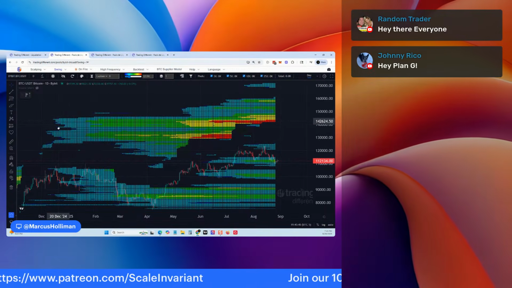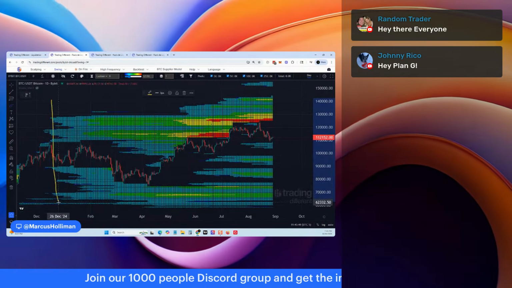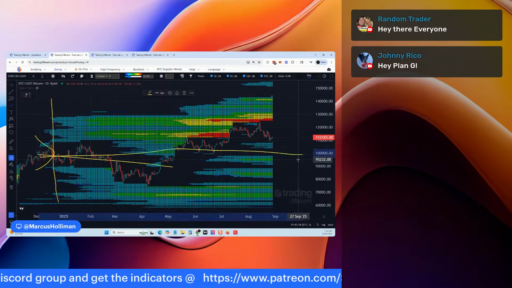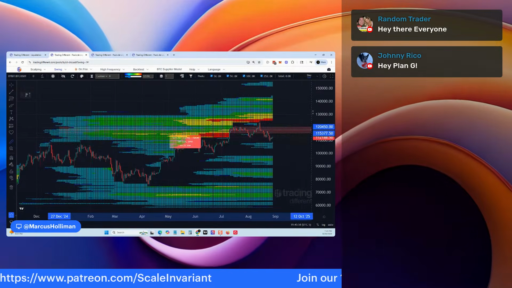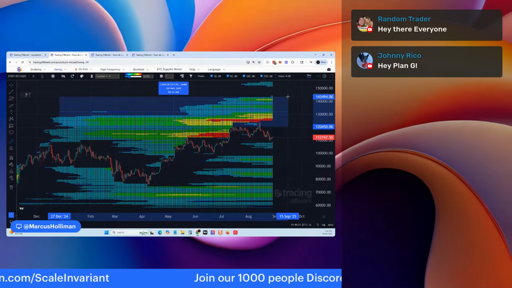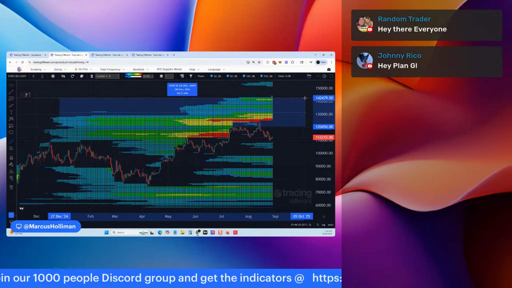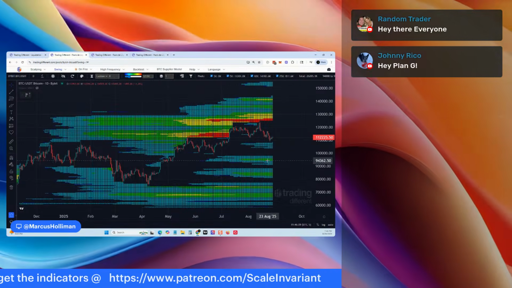We started forming some liquidity right here, and that's when we got into this range that we've been in for a long time. Let's get an idea how long. We're going on about 250 days, and we'll probably be here for another 30 or so. So that's a long time.